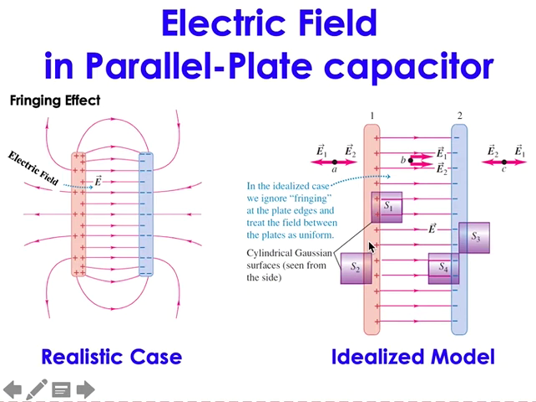So the charges on the plates are uniformly distributed over the opposing surfaces. This is an idealized model. Generally speaking, the plate is not uniform, so all the charge cannot be distributed on just one surface.